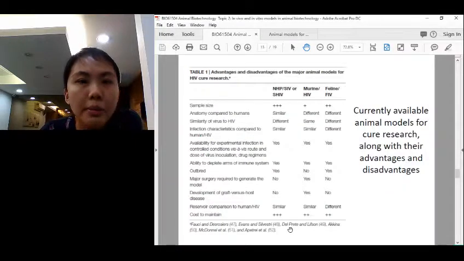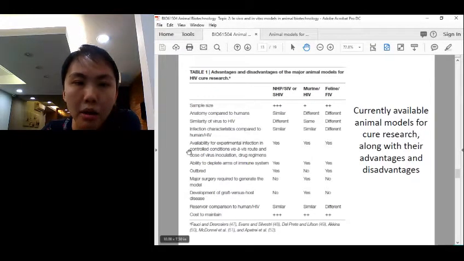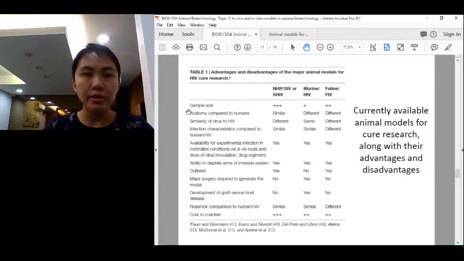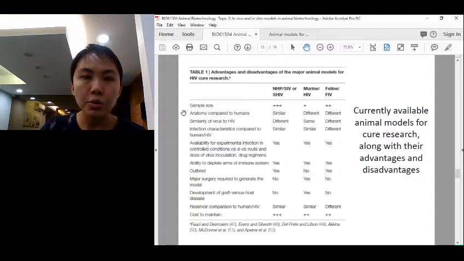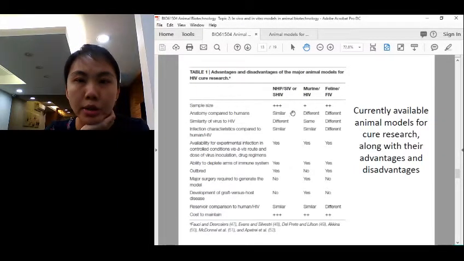All right, so this table is important because it allows comparison of the three most widely used animal models for HIV cure research, along with their pros and cons. So we have the non-human primate model, murine model, and feline model. As you compare across the characteristics which define how well these models work, in terms of sample size, you need quite a number of non-human primates.